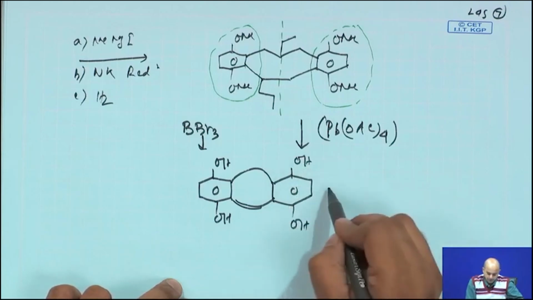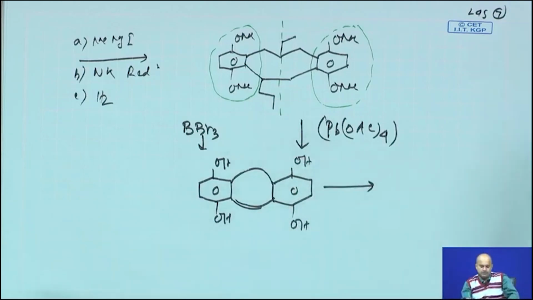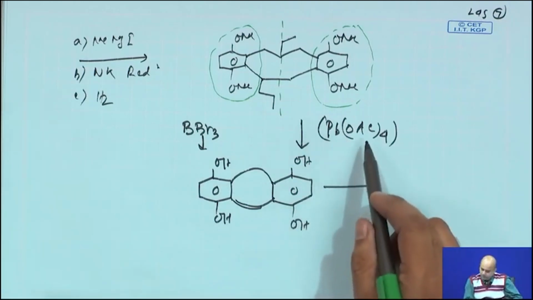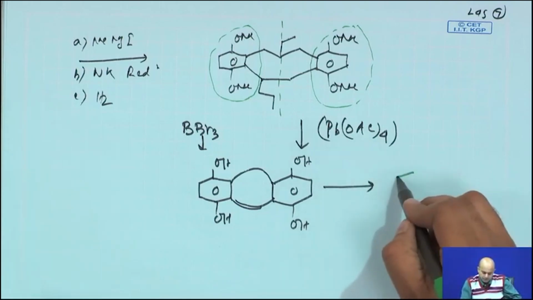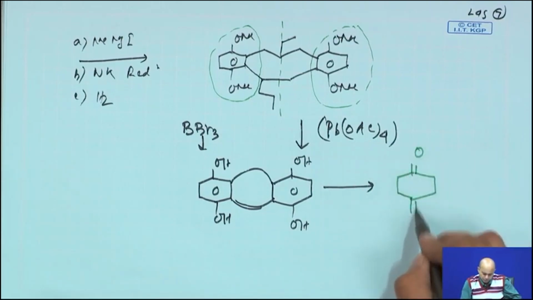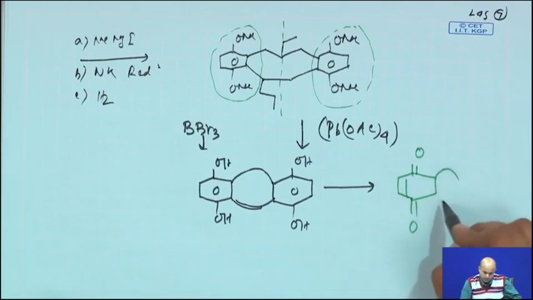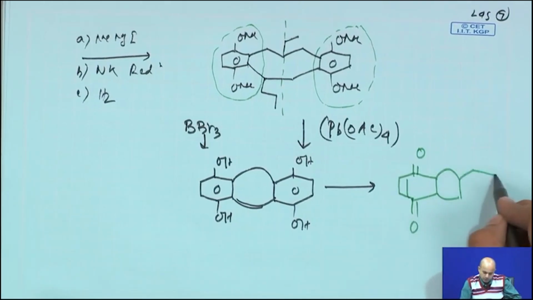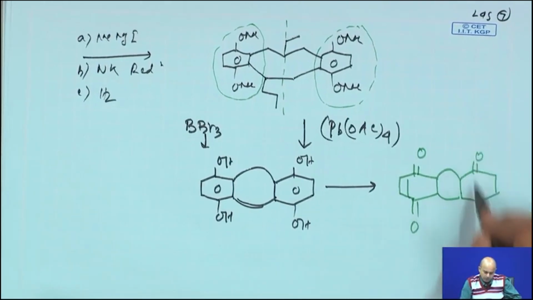Okay. Now, the oxidation part. So, for oxidation you are using lead tetraacetate to basically give you the corresponding quinone, this quinone.